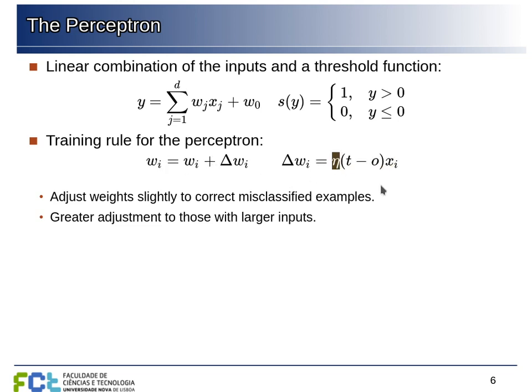This value here is just a learning rate parameter that is less than 1 and works in a way to help reach convergence, so not give steps that are very large, and slowly adjust the parameters so the perceptron will start performing better.